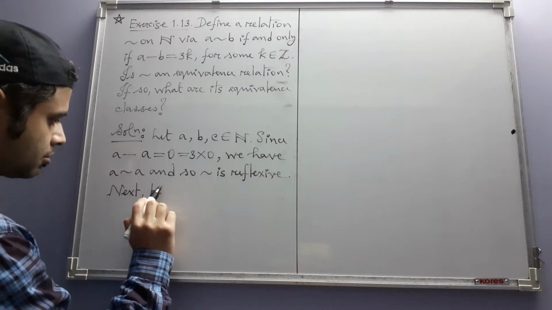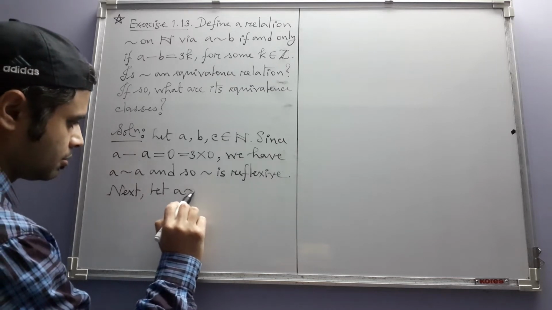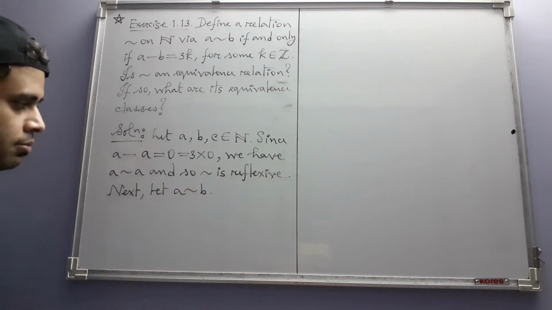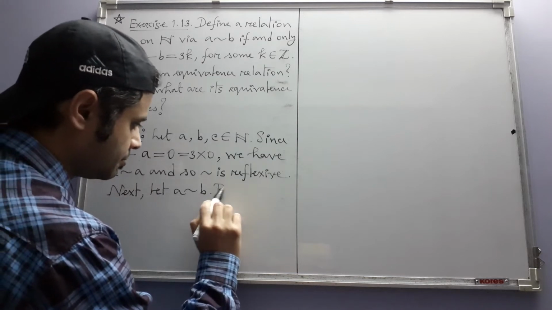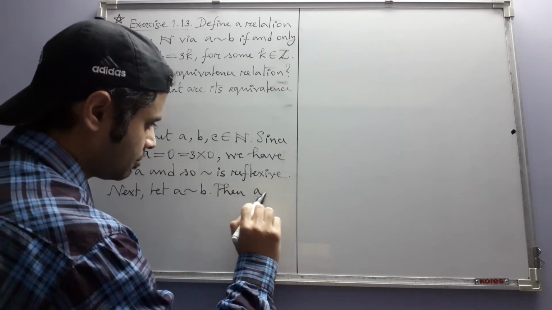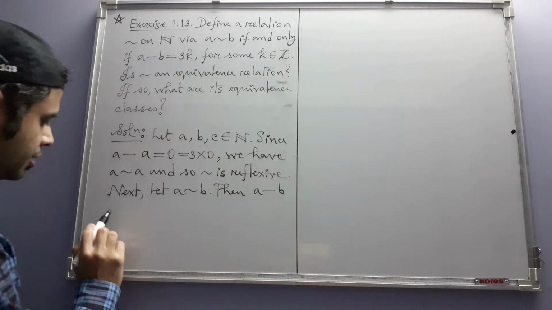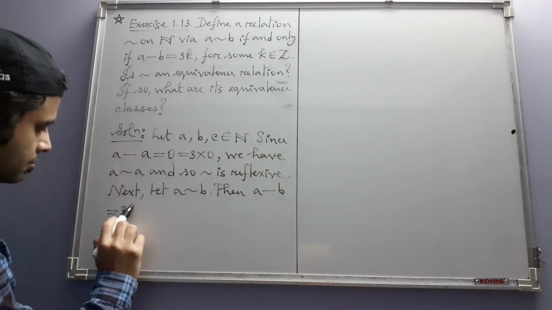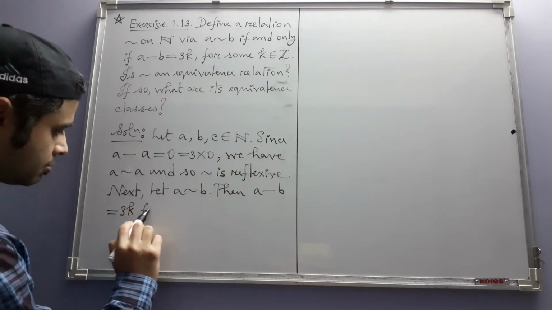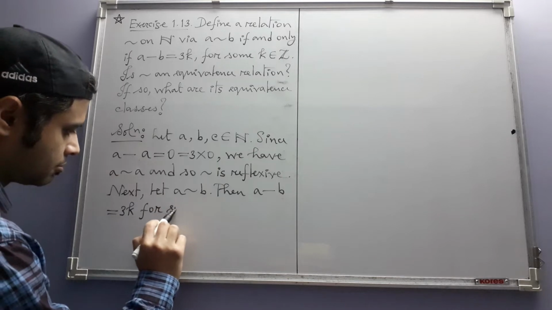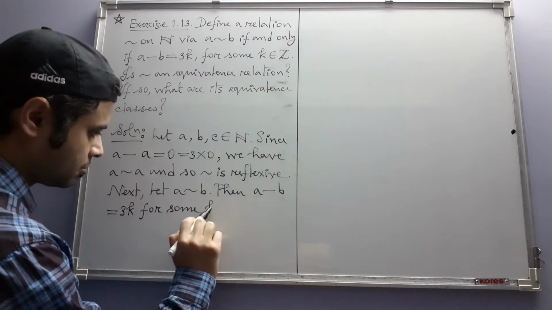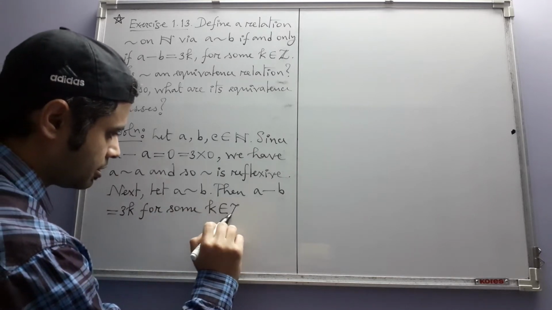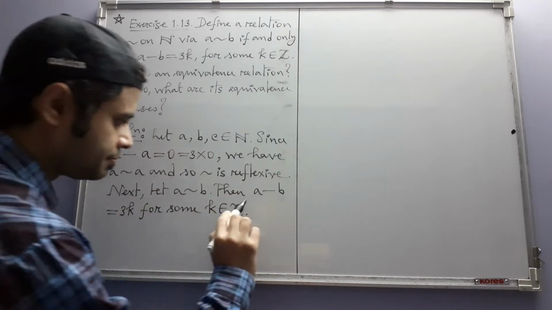Next, let a be related to b. Then a minus b is 3k for some integer k.